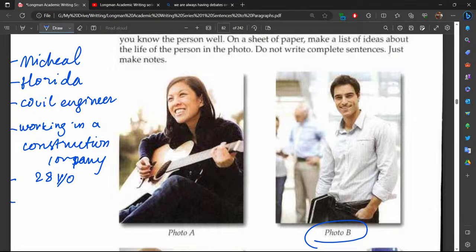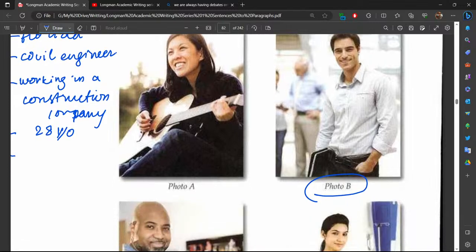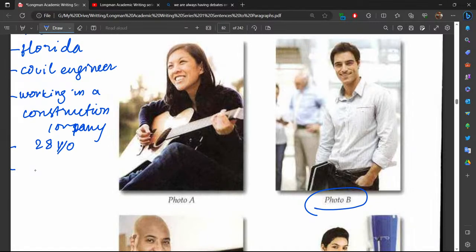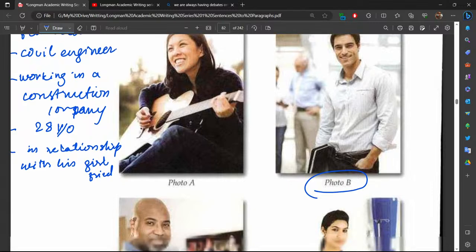And he's in a relationship with a girlfriend.